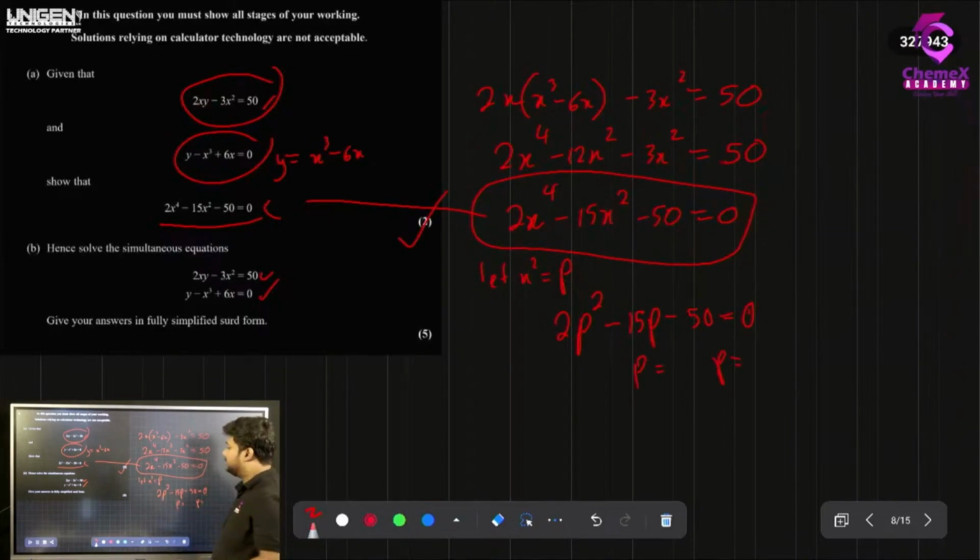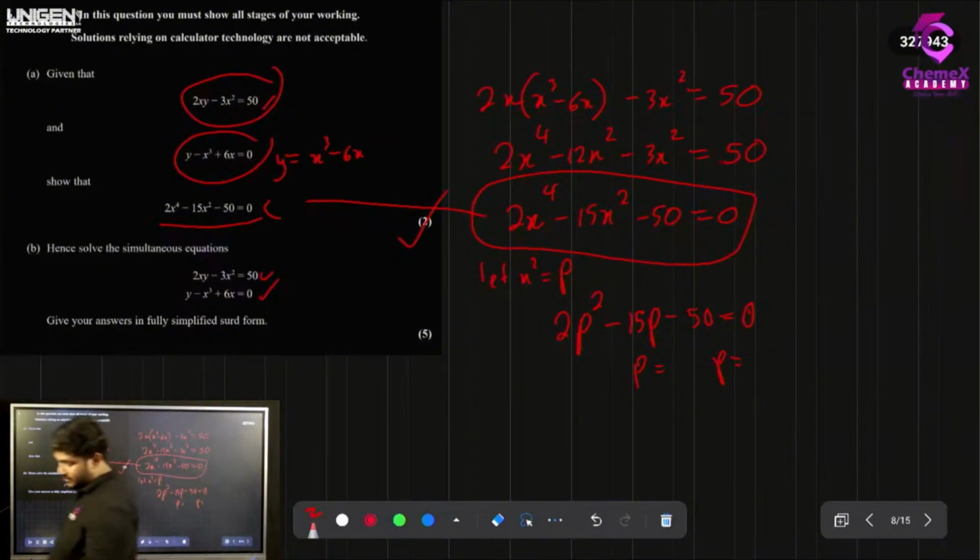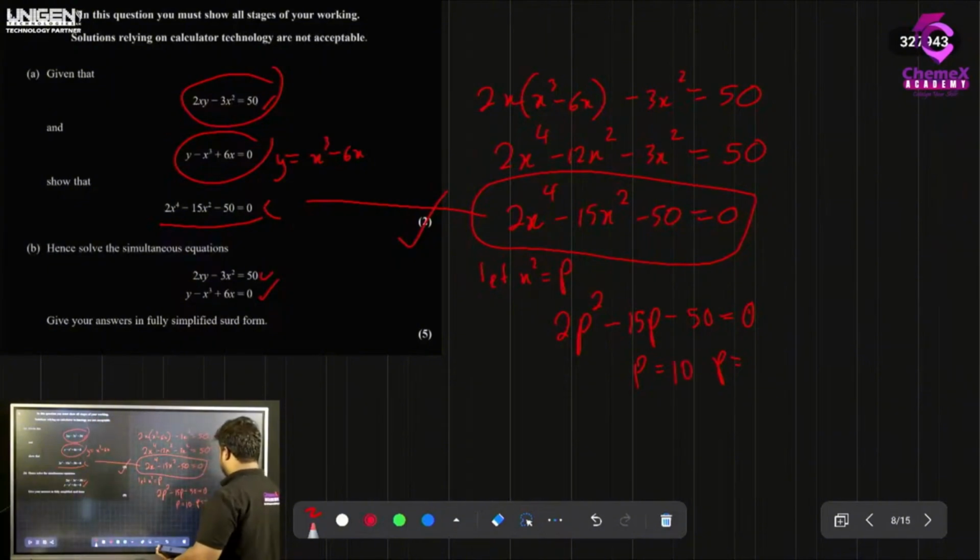You can use the calculator. So p equals 10 and p equals minus 5 over 2.